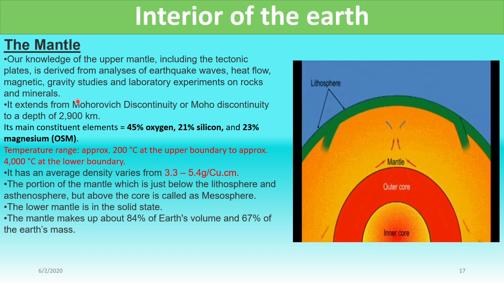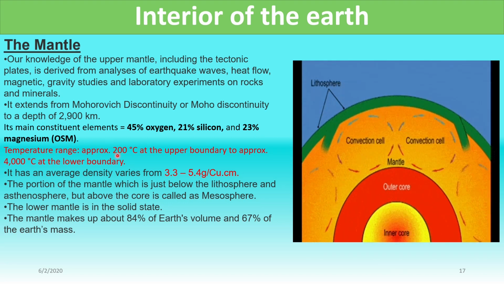It extends from the Moho discontinuity to a depth of 2,900 km. Its main constituent elements are 45% oxygen, 21% silicon, and 23% magnesium.